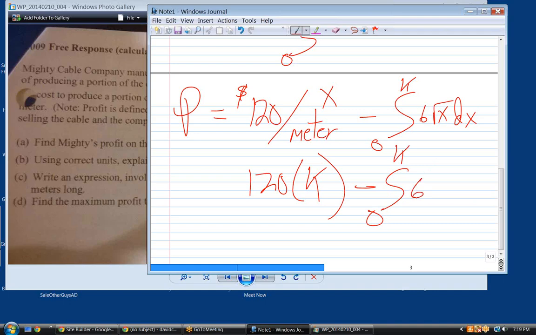And it's 6 root X dx. So that would be the answer.